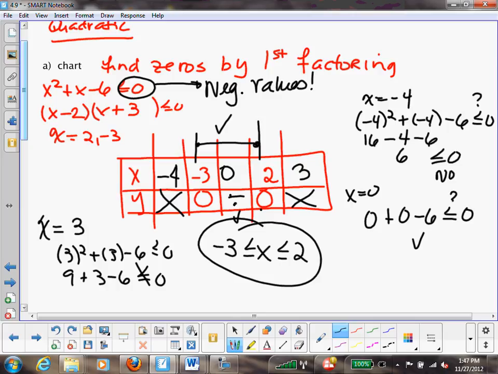You don't test the zeros, because zeros give you 0. Make sure you check it. Generally that's how it works: if in between doesn't work, then outside works. If outside doesn't work, then in between generally works.